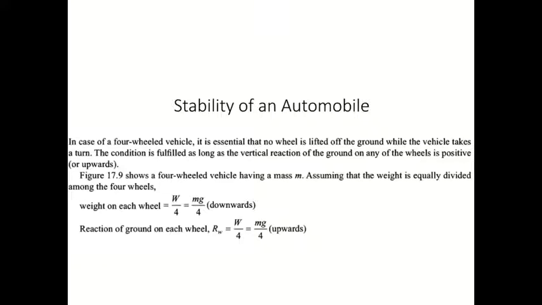wheels. On each of the wheels, when it is moving or even at rest, a kind of reaction force will be there. That reaction force value is equal to W by 4 or mg by 4.